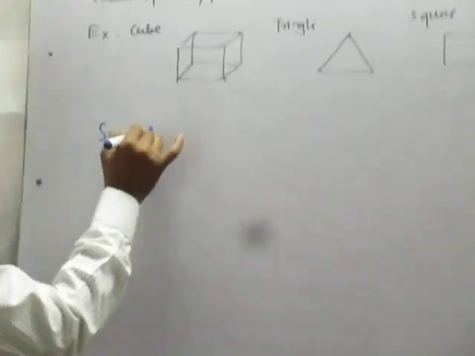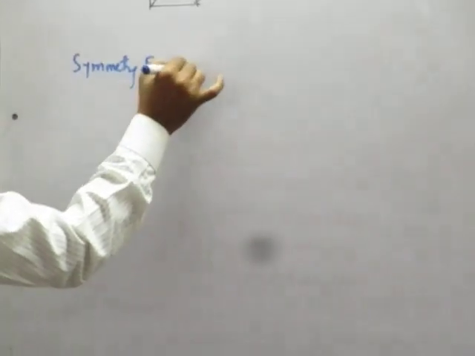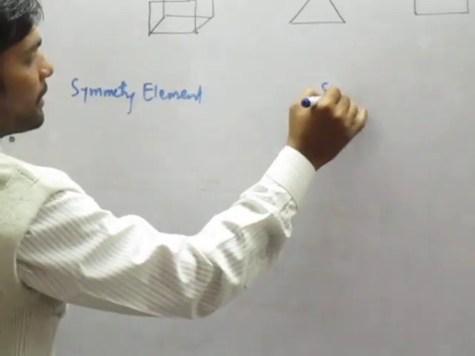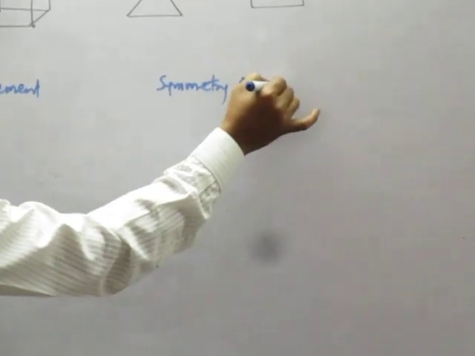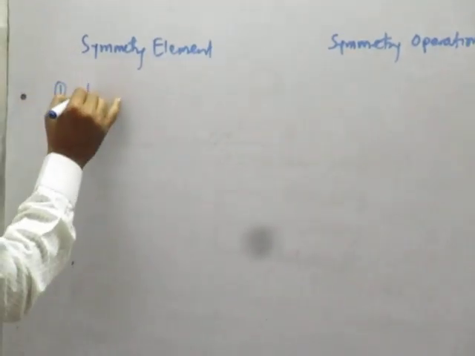The first one: the molecule has symmetry elements with respect to symmetry operations. The symmetry element is identity.